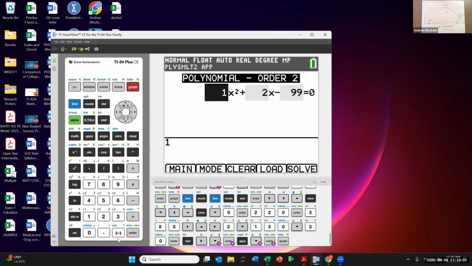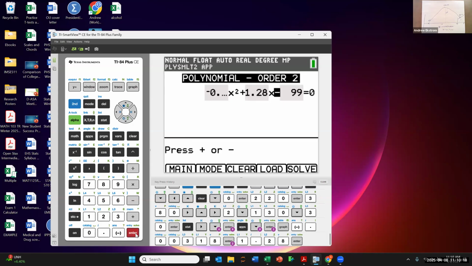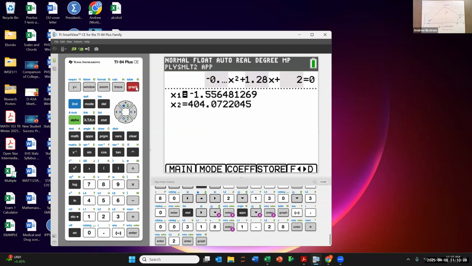This is going to be negative 0.00318 plus 1.28. This is going to be a plus. This is going to be a 2. So now we've got the equation in there. I can hit solve.